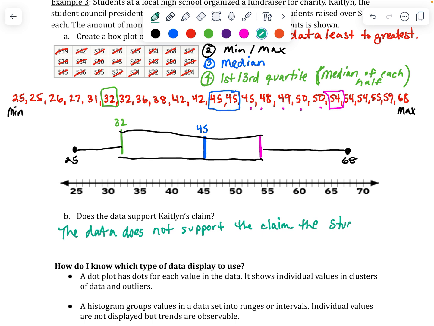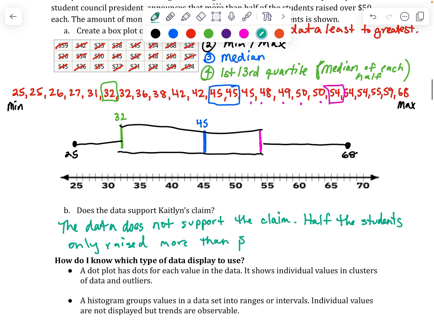Half the students only raised more than $45. It's close, but not quite, okay?